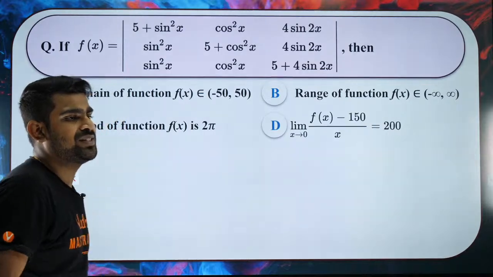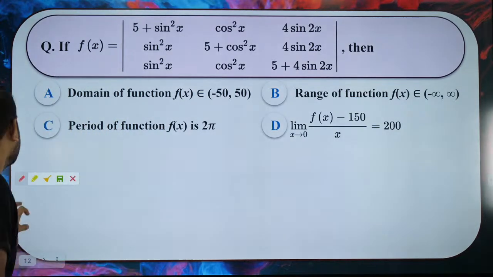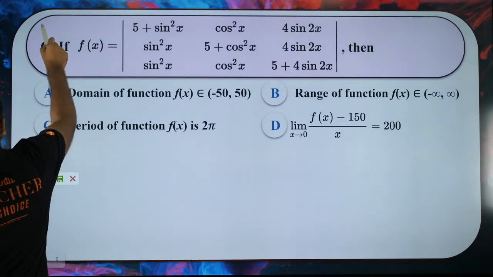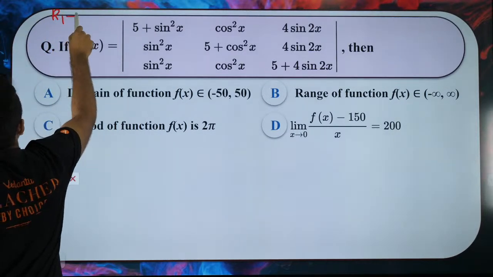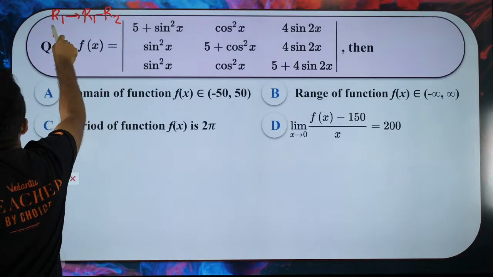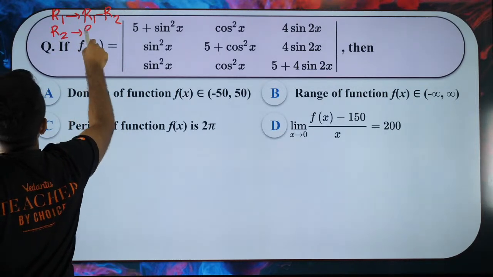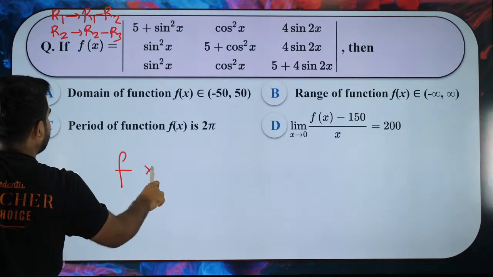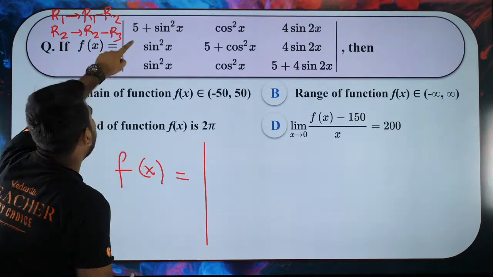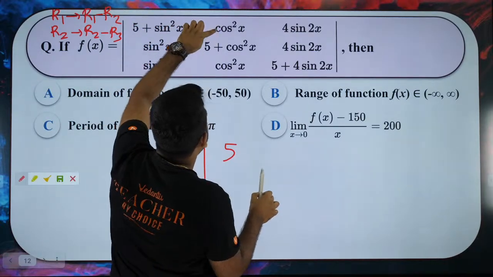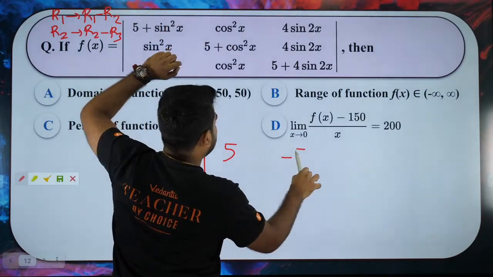Sanjay says R1 plus R2. Why R1 plus R2? Man, do R1 minus R2. So guys, the first two operations: I'll change R1 as R1 minus R2 and R2 as R2 minus R3. If I do that, what will I get? f of x is equal to, R1 minus R2 means sin square theta cancels, and it will become minus 5.